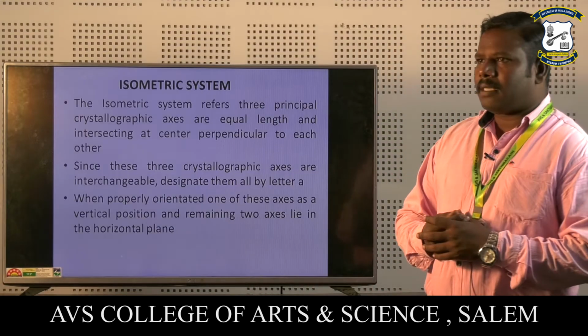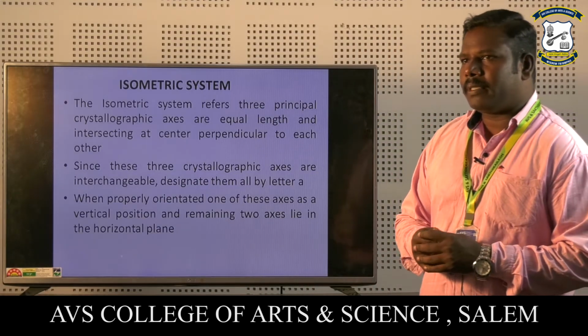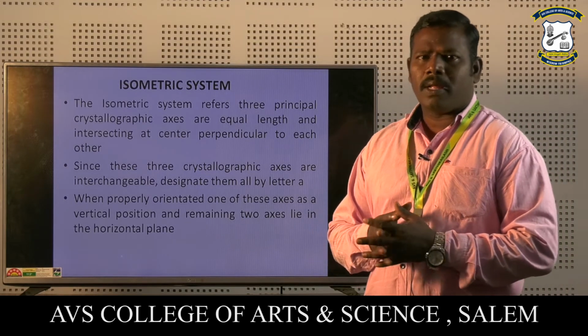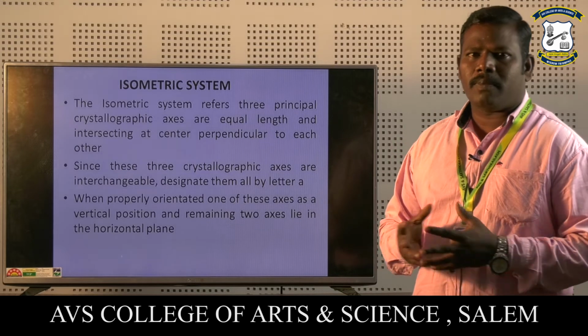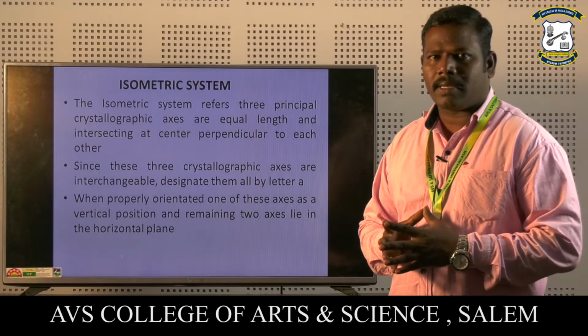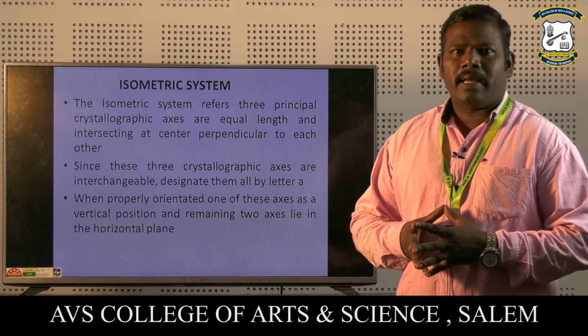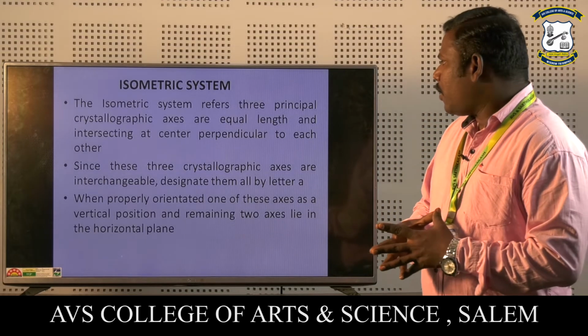Among these, first and foremost, we are going to discuss the isometric system in detail. As we discussed, in the isometric system all the three crystallographic axes are perpendicular to each other, intersecting at right angles.